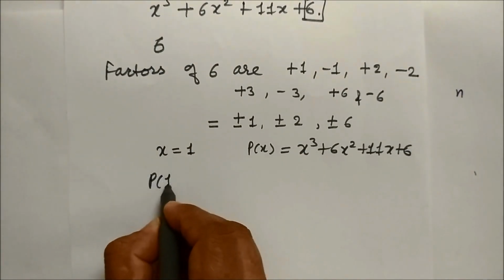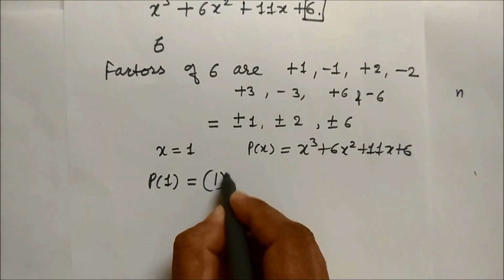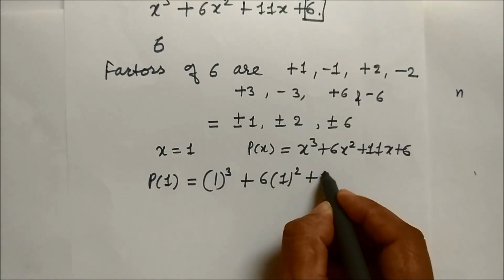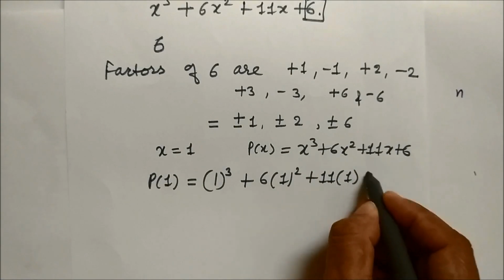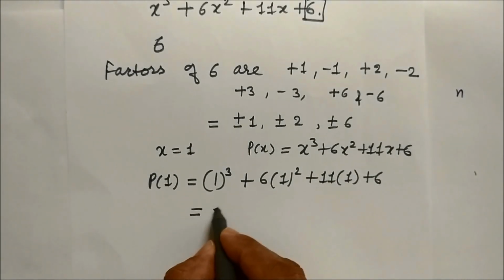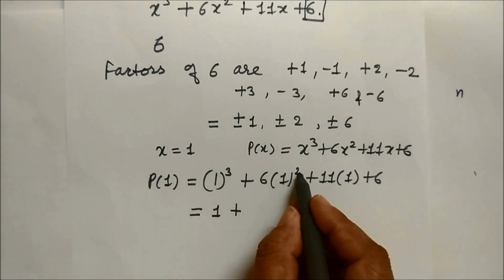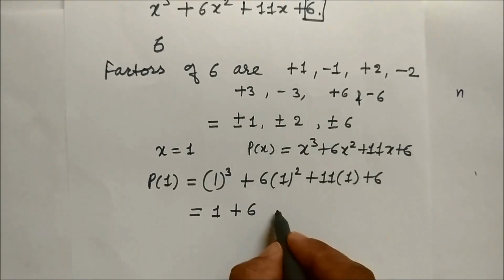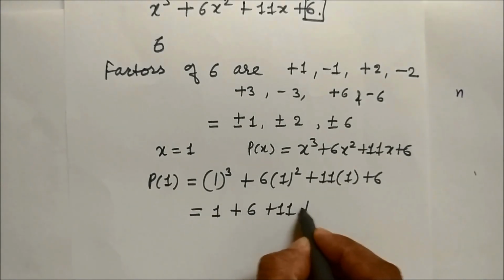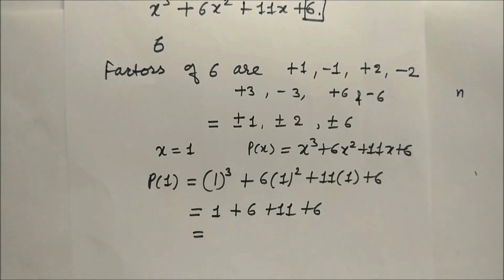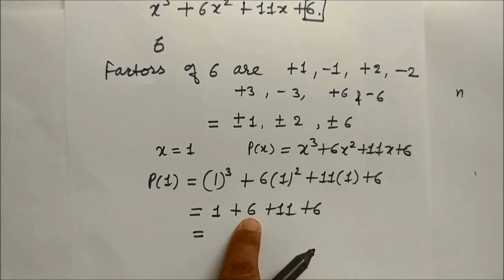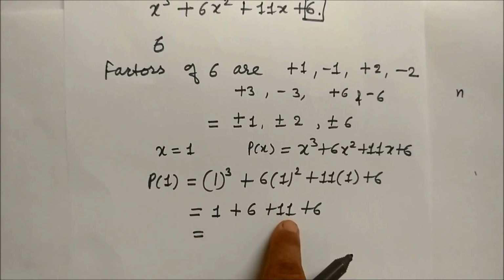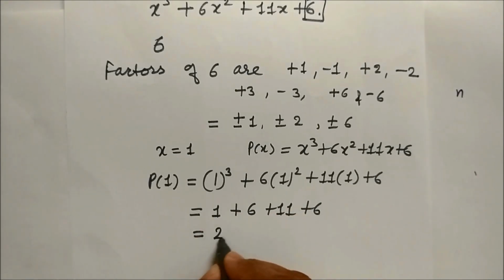So p of 1 is equal to 1 cube plus 6 in bracket 1 square plus 11 in bracket 1 plus 6. 1 cube is 1 itself, 1 square is 1, 1 into 6 is here 6, 11 1s are 11 plus 6. 6 plus 6 is 12, 12 plus 1 is 13, 13 plus 11 is 24.